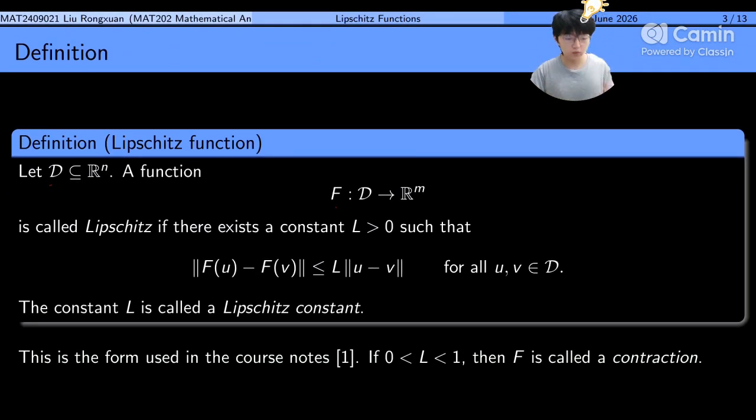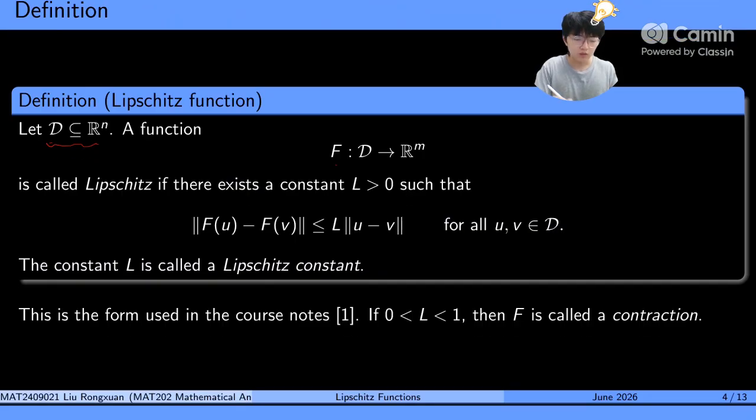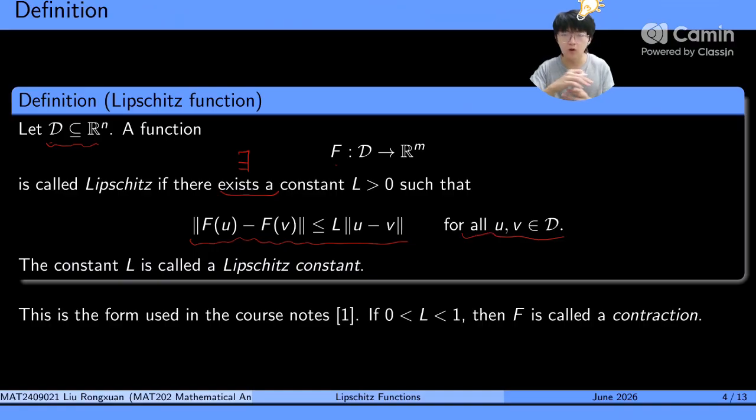The definition of this function: let D be a subset of R^n and let f be a function from D to R^m. The function is Lipschitz if there exists a constant L bigger than 0 such that this inequality holds for all u and v in D. This means for all points in the domain.